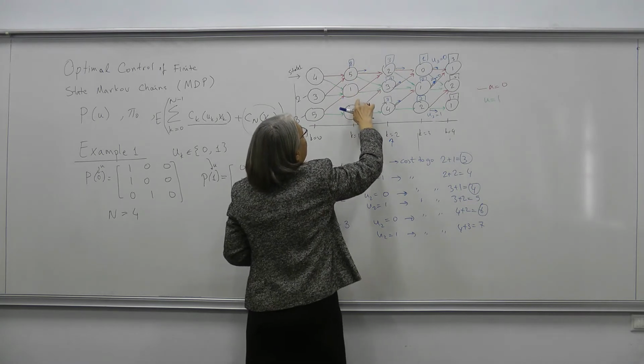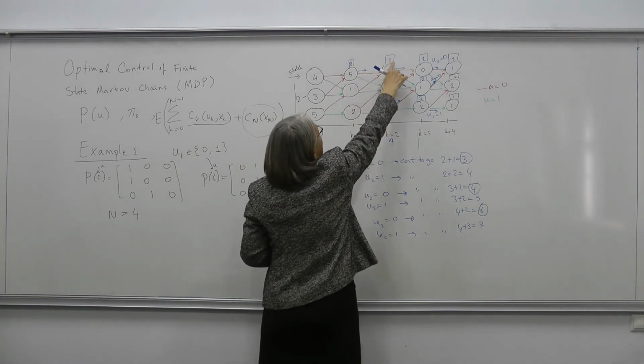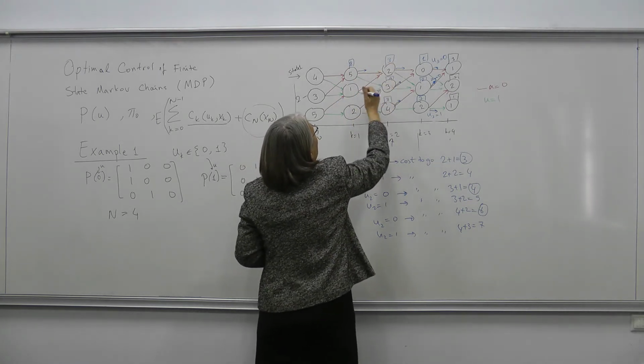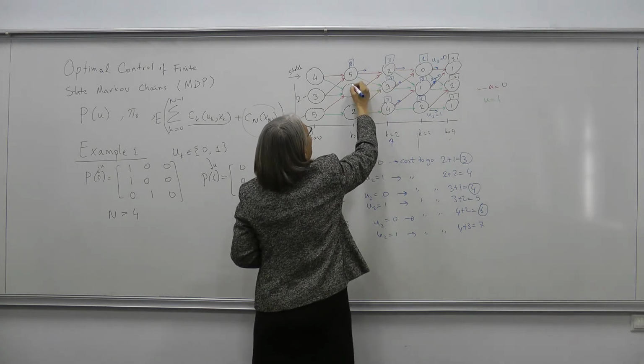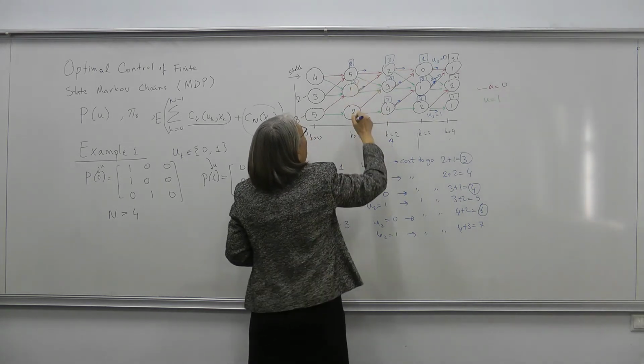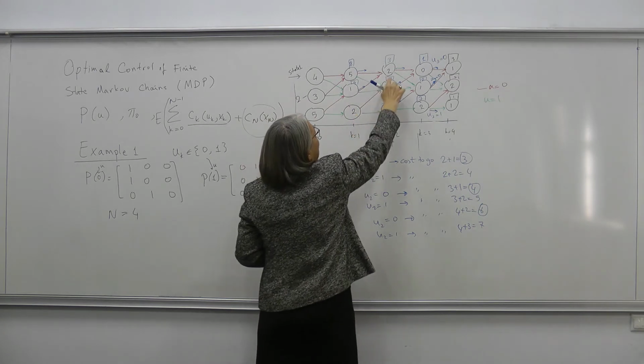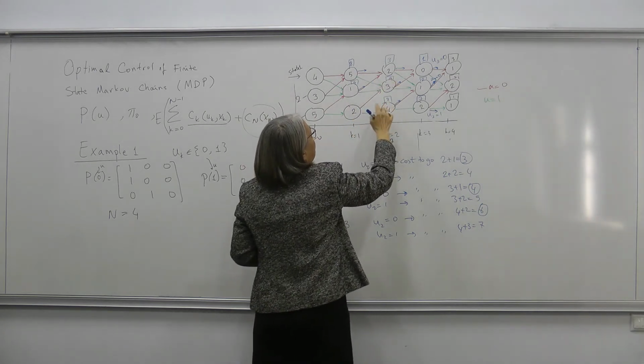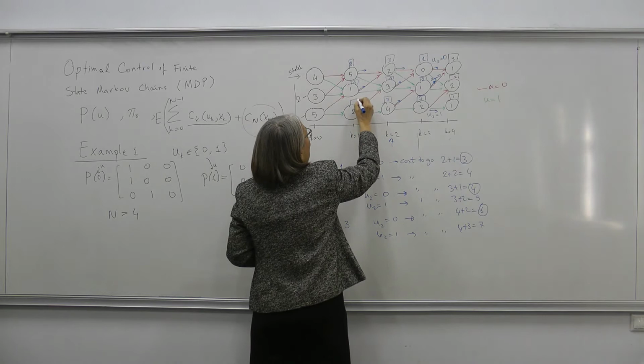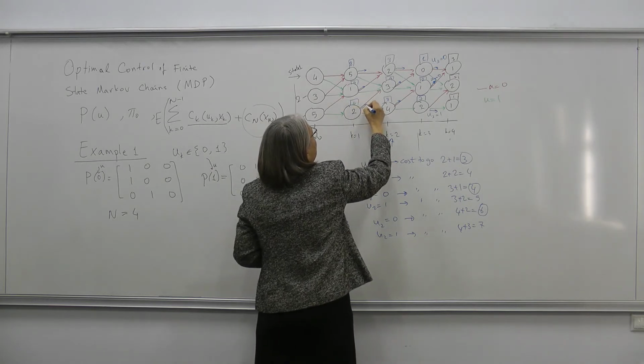And for this one, I have here 1 plus 3 and 1 plus 4. And 1 plus 3 is better, and the overall objective value is 4. And for this one, I have 2 plus 4 and 2 plus 7. 2 plus 4 is smaller, that is 6, and I go in this way.